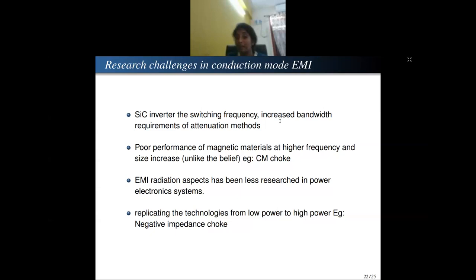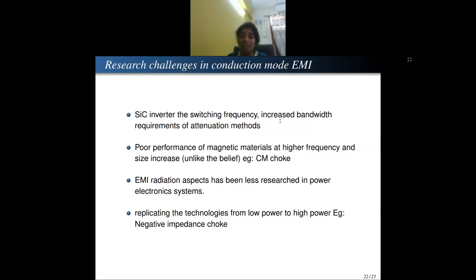So then you have to see how to attenuate a larger range of frequencies. We have been telling that if I increase the switching frequency, my inductance requirement is less, thinking that inductance is constant over frequency.